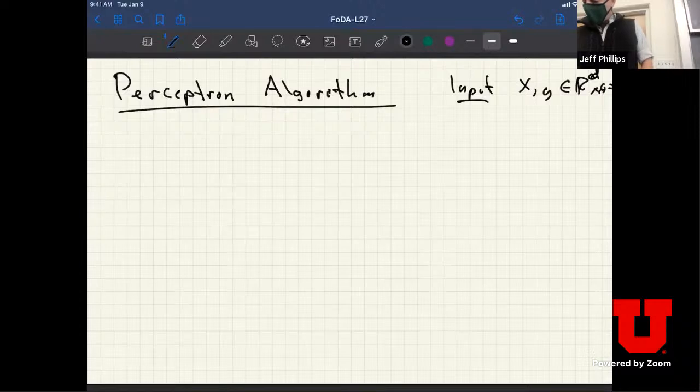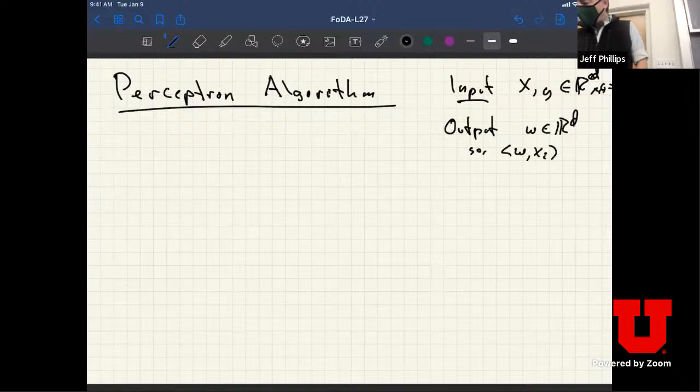The output here is going to be w in R^d, so that w dot xi times yi is greater than 0.